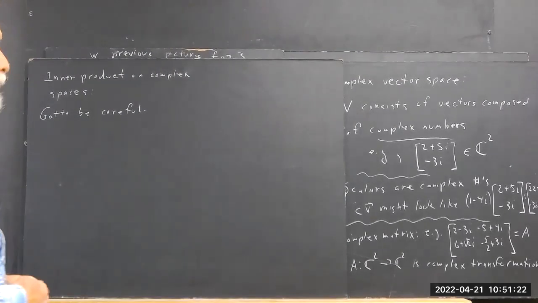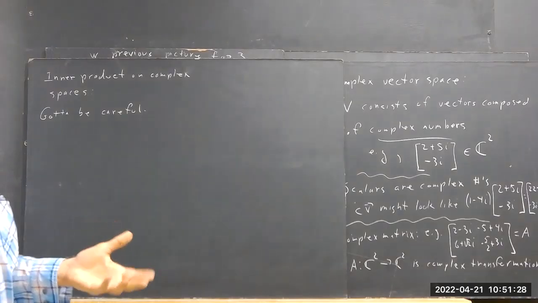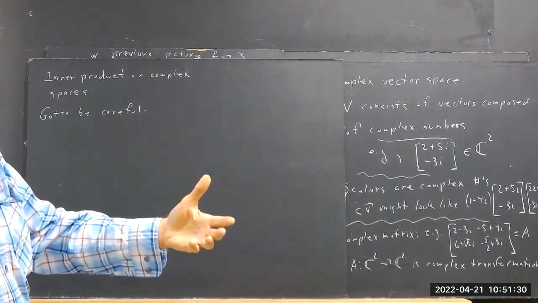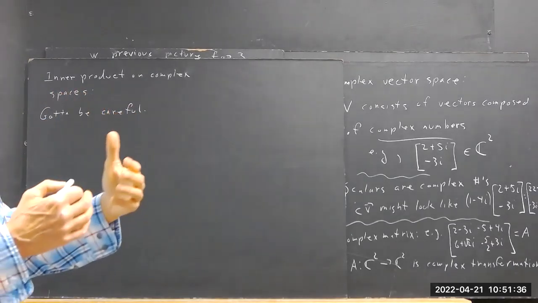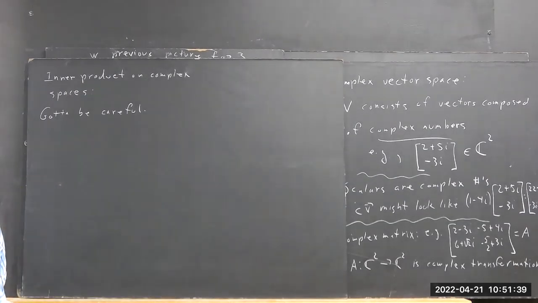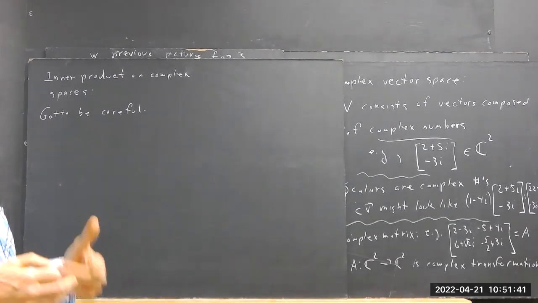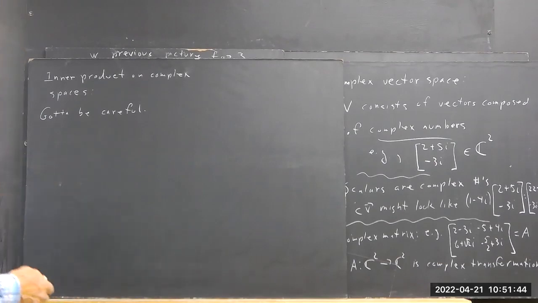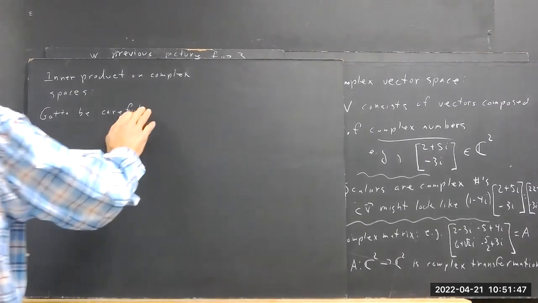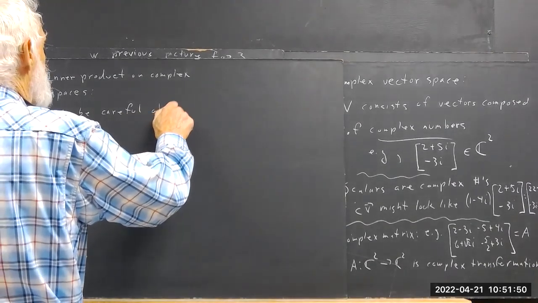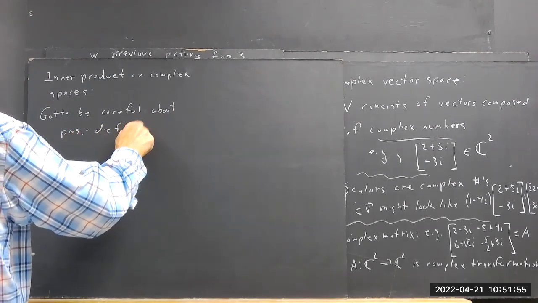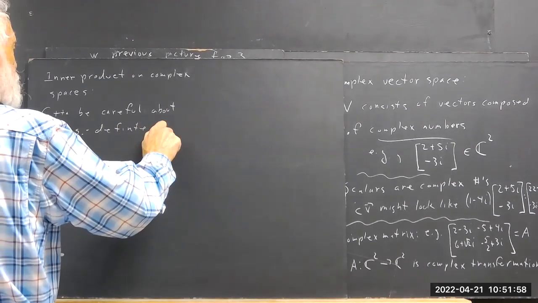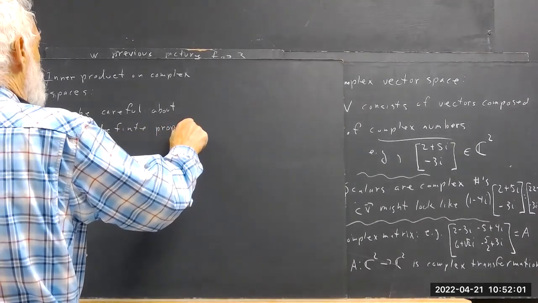And then we say that the dot product or any inner product has to be positive definite. And when you do an inner product of a vector with itself, you got to get a positive number unless the vector is zero, in which case you get zero. And that's positive definite. You got to be careful about the positive definite property.